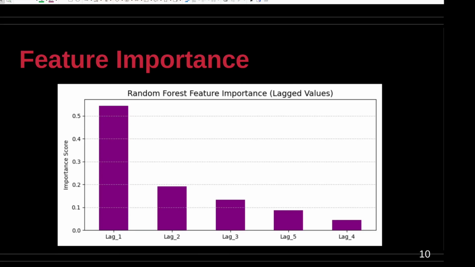Subsequent lags decrease in importance, showing that while data from 4 or 5 days ago is still useful, the information quickly decays in predictive power compared to the most recent input.